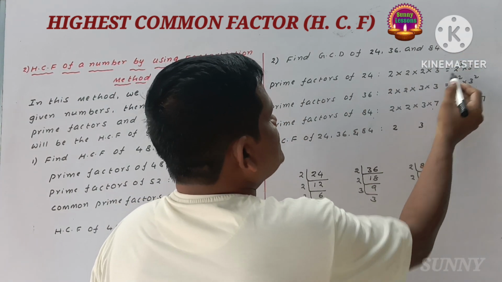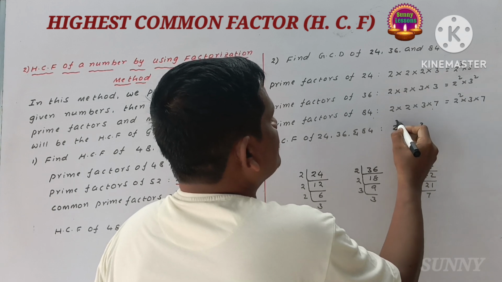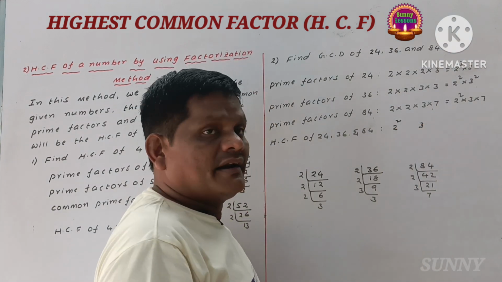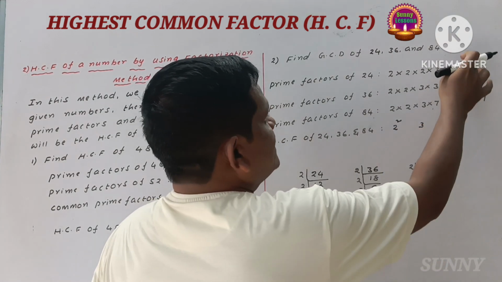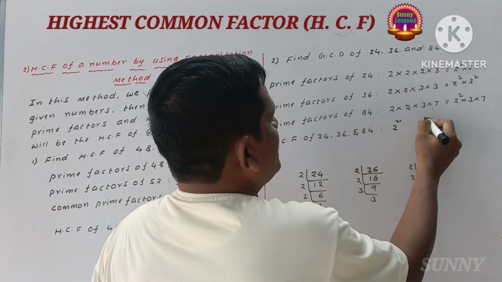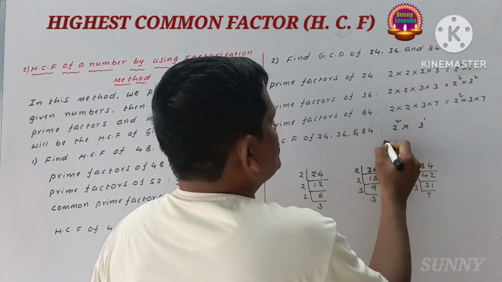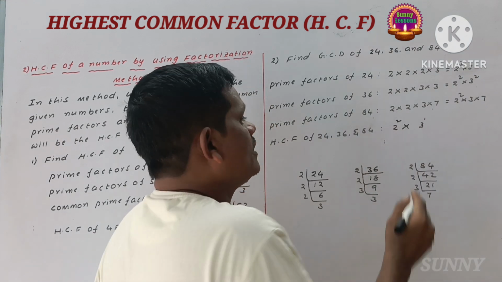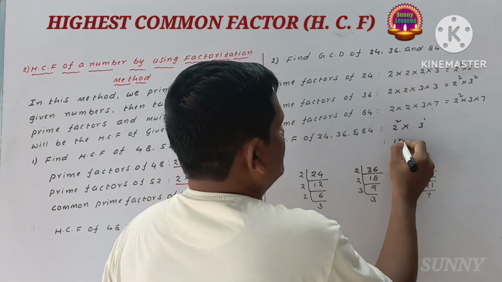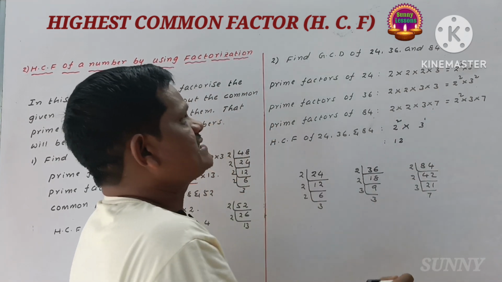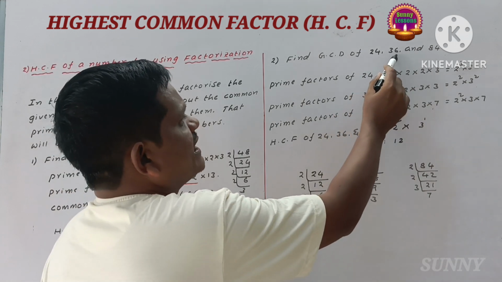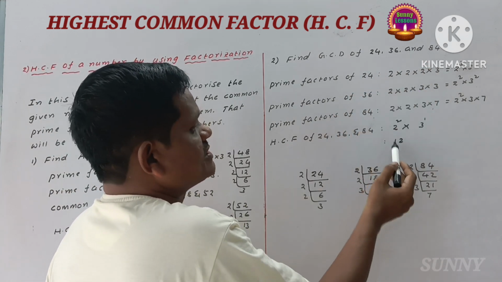Yes, 2 is the least power of 2. What is the least power of 3 in these three? 1 is the least power of 3. So multiply them. 2 squared means 4, into 3, 12. So the HCF of 24, 36, 84 is 12.